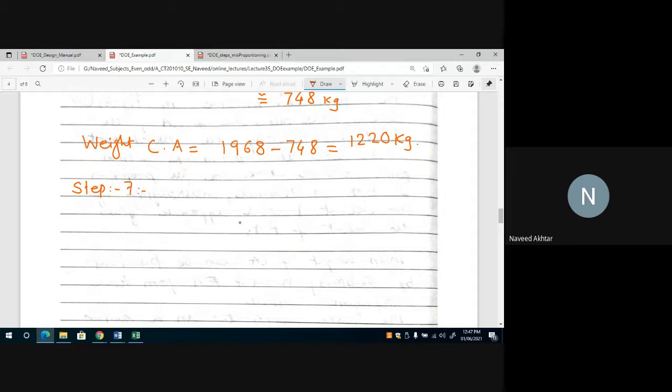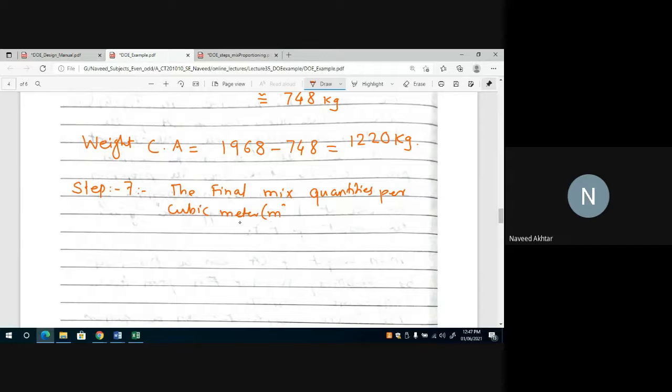Step number 7, the final mix quantities per cubic meter.